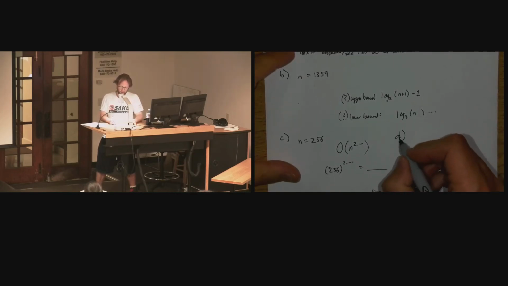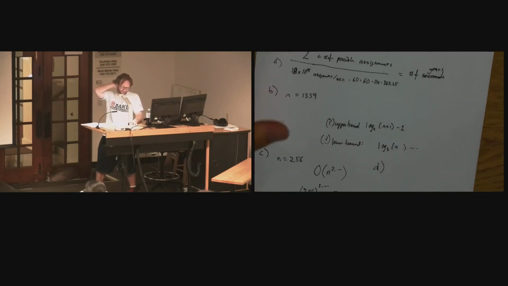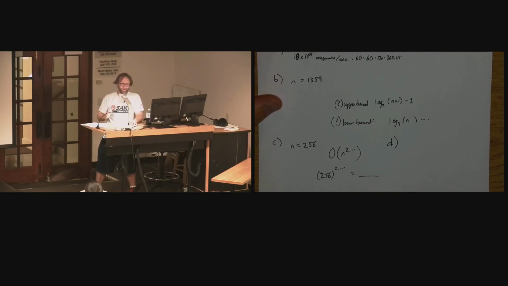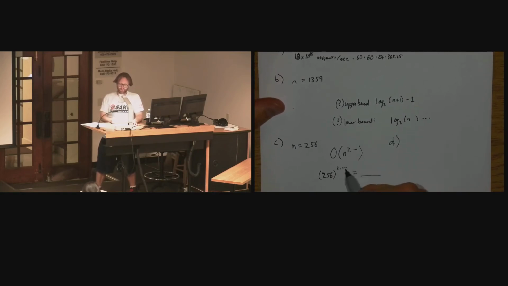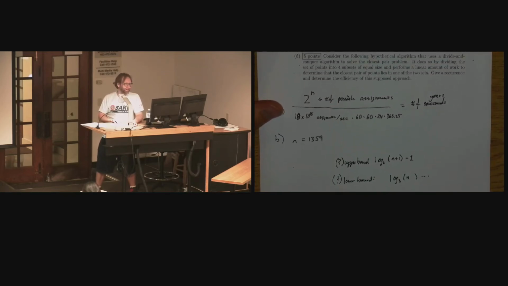D. Consider the following hypothetical. Again, I don't have a calculator readily available, and I don't remember what the exponents are here, but that's why it's not closed book. It's not like the one that I hated from calc all the time: what's the derivative of sine, what's the derivative of cosine.